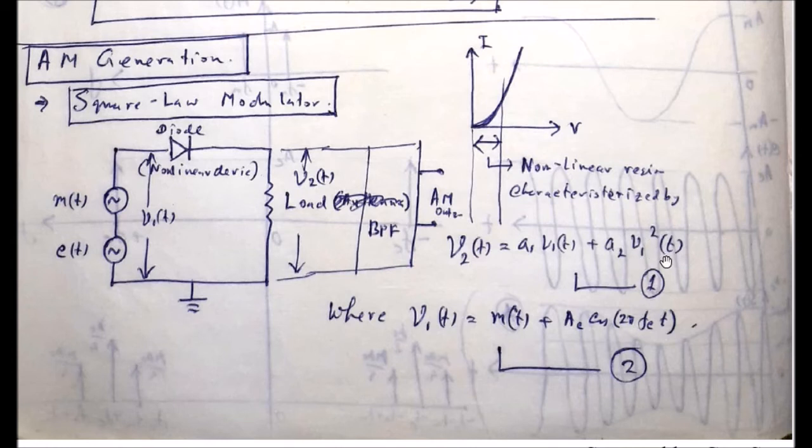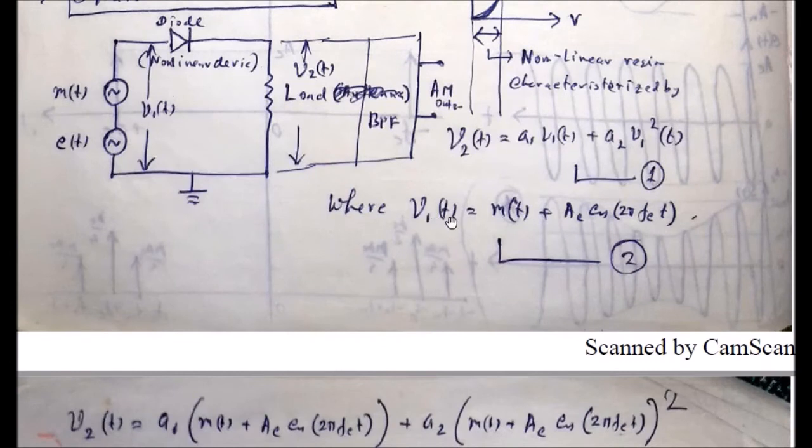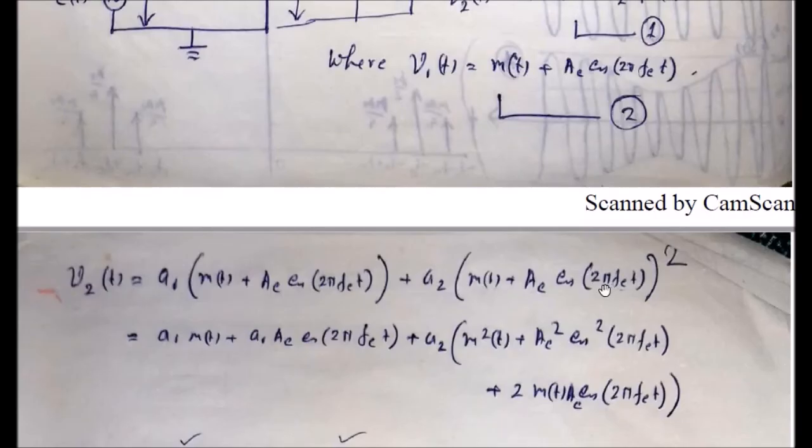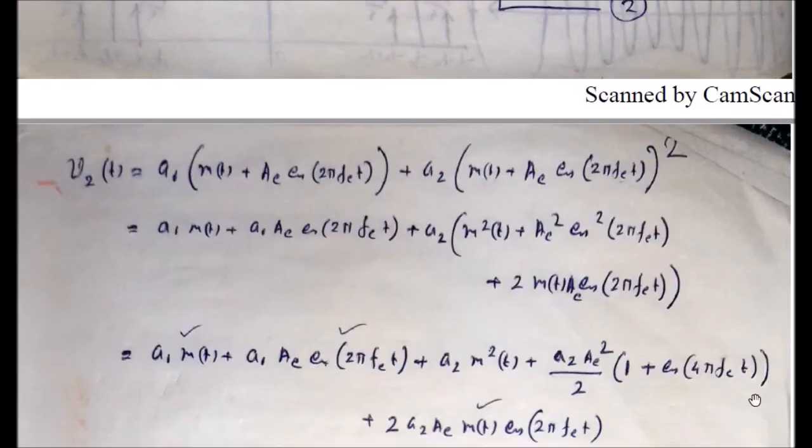Now v1(t) is the summation of these two. As I mentioned, these are in series, so v1(t) is the summation of m(t) plus the carrier signal Ac cos 2 pi fc t. This whole thing, equation number 2, has to be put in equation number 1 in place of v1(t). If you put that here and simplify, there will be several terms.